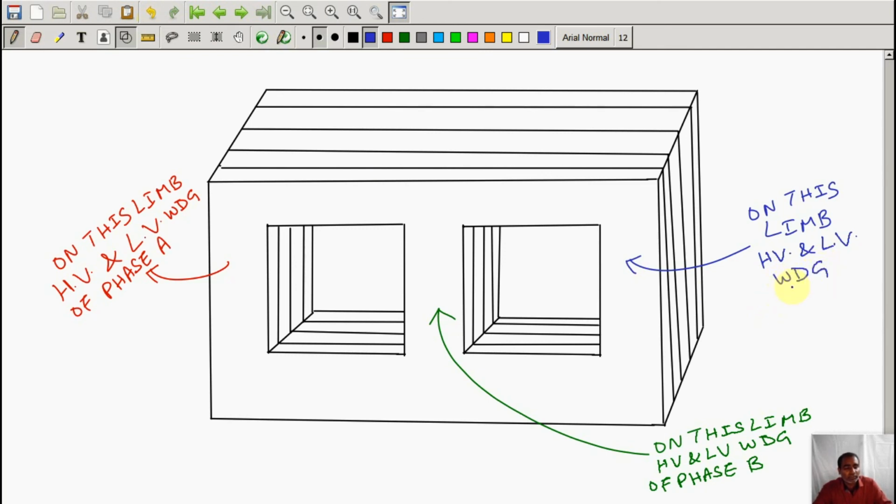So on this limb, the HV and LV winding of phase C has to be placed.